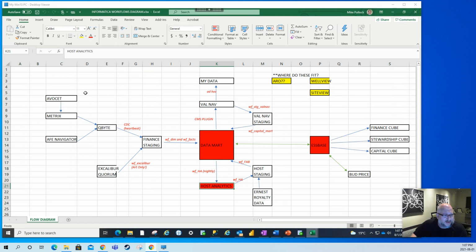So I came up with this whole diagram of how all the systems flow together, some of the names of the workflows that do those jobs, where the hosting occurs, and ultimately it goes into the data mart here and onto the Essbase or Oracle, our old database system.